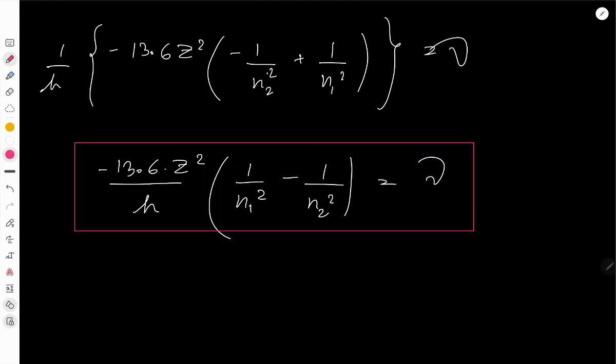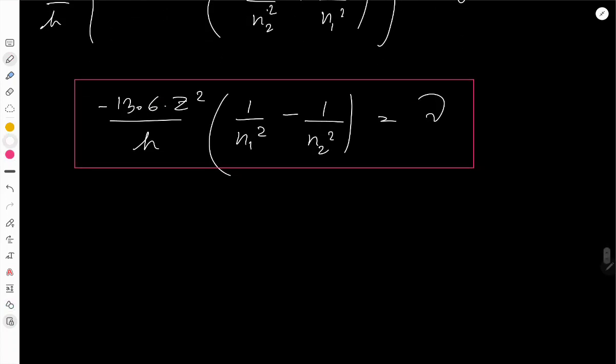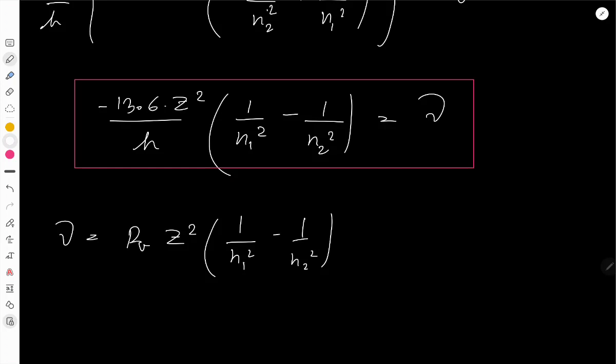And for this shocking fact, what the scientists earlier had found out, they were using this particular formula for the frequency, and that was Rydberg's constant Z square into 1 upon n1 square minus 1 upon n2 square.